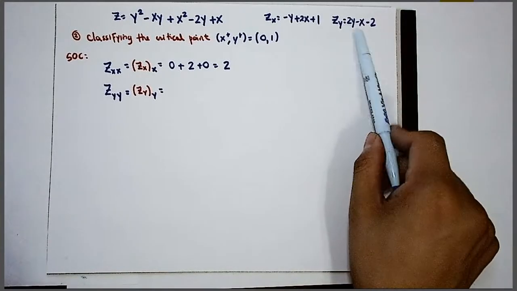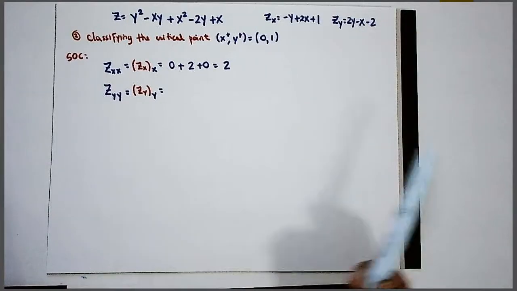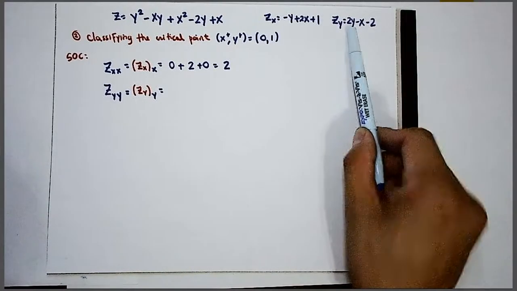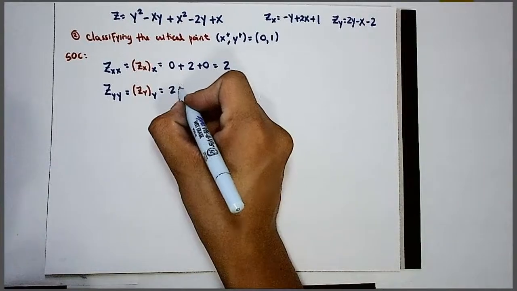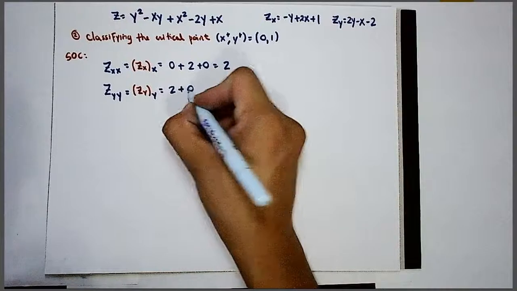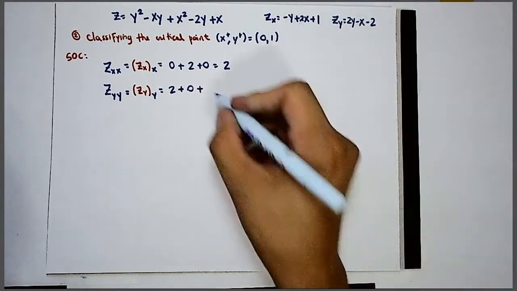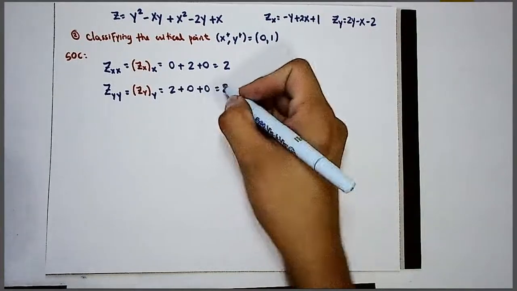So we take the derivative of y one more time. The derivative of 2y is 2. The derivative of x with respect to y is 0. Plus the derivative of a constant is 0. So zyy is equal to 2.